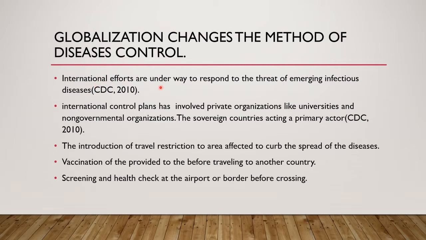Let's talk about how globalization has changed the method of disease control. International efforts are underway to treat emerging infectious diseases. We have international control plans, which now involve universities and non-governmental organizations, without forgetting that sovereign countries act as primary actors in reducing the diseases.